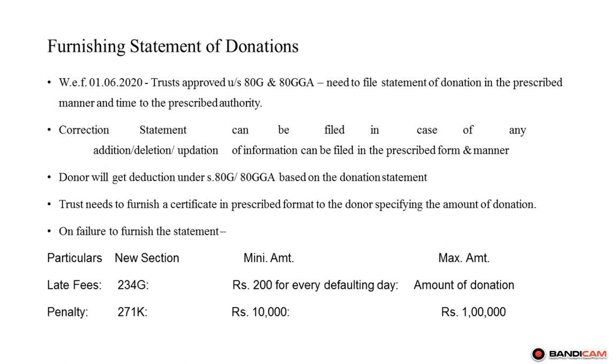The donor will get a deduction under section 80G to 80GGA based on the donation statement. So according to the donation statement, the donor will get a deduction under section 80G or 80GGA. Then the trust needs to furnish a certificate in the prescribed format to the donor specifying the amount of donation.